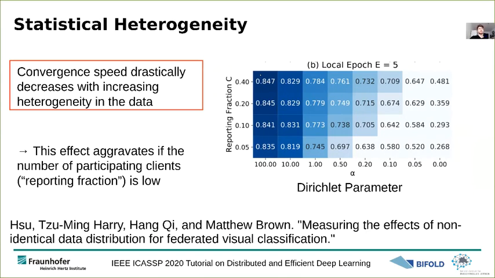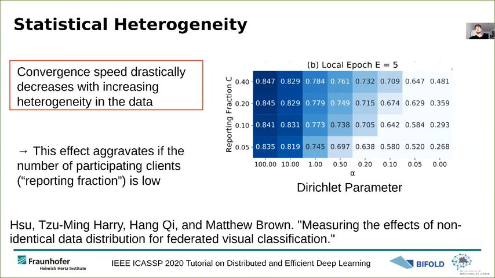Because here we see that the convergence speed actually drastically decreases with increasing heterogeneity in the data. What's plotted here in this figure is that a Dirichlet distribution was used to decide the split of the data on the clients. Basically, this parameter 100 here indicates that all clients are holding almost the same data from almost the same distribution, whereas here in this right corner, the data is extremely non-IID.